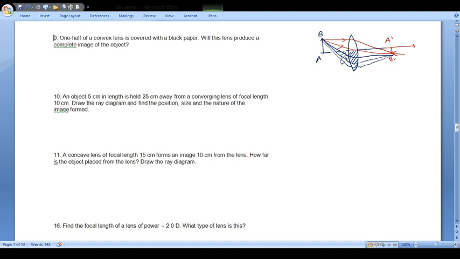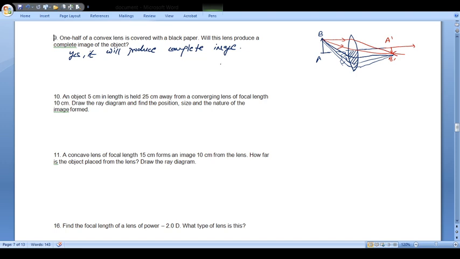So if 1/2 of a convex lens is covered, will the lens produce complete image? Yes, it will produce complete image. कंप्लीट इमेज, लेकिन फर्क कहाँ पड़ जाएगा, इंटेंसिटी पे.